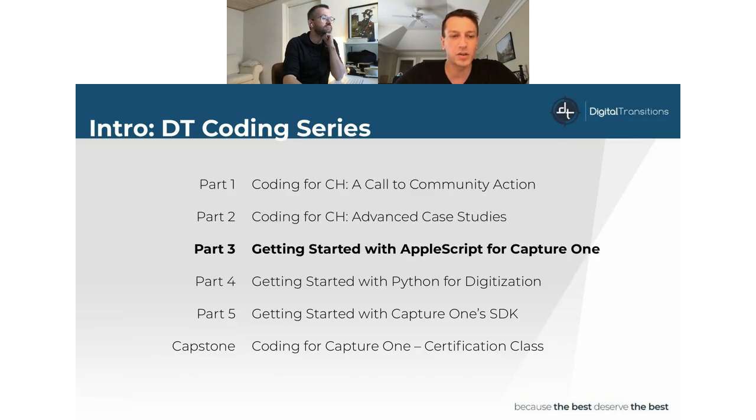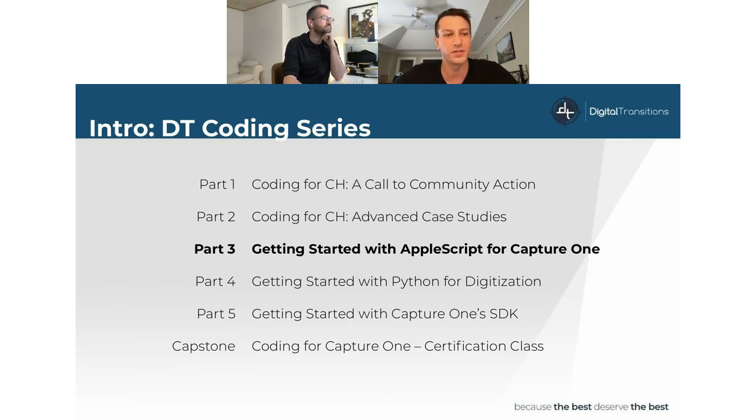Today, in part 3, we'll be walking you through step-by-step how to get started with AppleScripting, specifically AppleScripting in a Capture One workflow. We will begin that class, this agenda, at the very beginning. We don't expect previous coding experience, so we'll start with what applications are required, and we will today build in real time 3 separate tools that solve real-world problems.